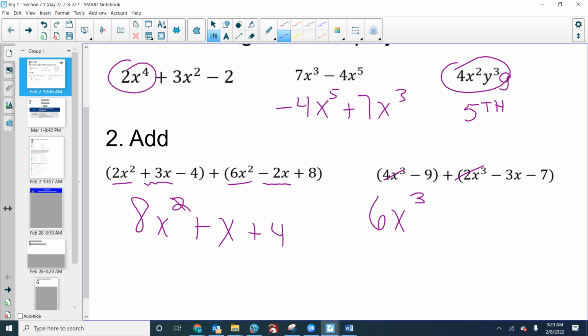Do I have an x squared term? No. Do I have an x term? How many x terms? There you go. Just bring it down. Yeah, that was kind of tricky. And then now, what's my last term? -16. What is that degree? Trinomial. Yes, Bailey. It is third degree. Third degree.